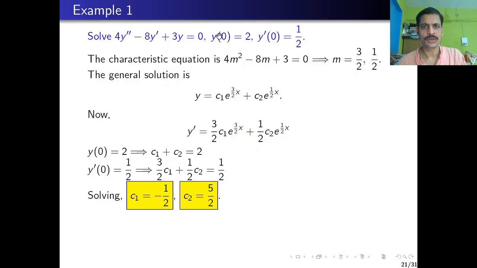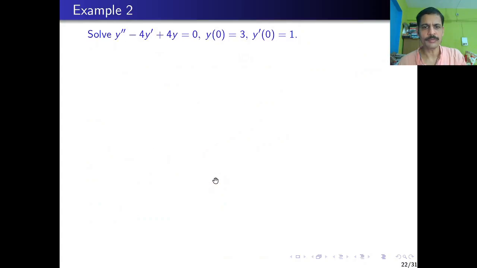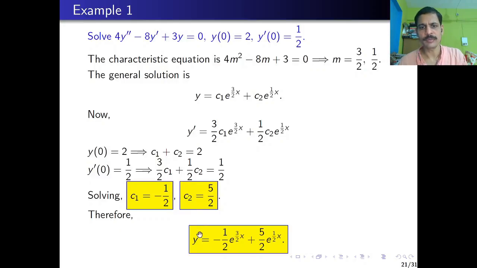So we have determined the c1 and c2 here, and so the unique solution of the initial value problem is y is equal to minus half e raised to 3 by 2x plus 5 by 2 e raised to half x. Here we have substituted the value of c1 and c2 that we obtained. This is the solution of this initial value problem.